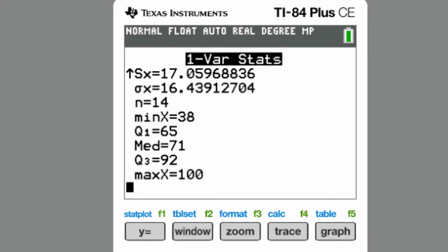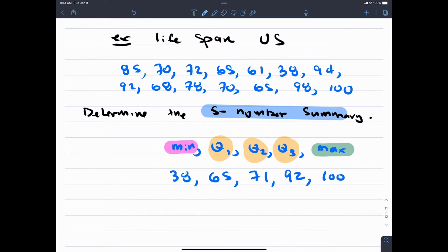That's the median value? Ladies and gentlemen, you guys know the median value is also the second quartile? So the second quartile is what? 71. And then what do you guys see? The third quartile is what? 92. And then the max is what? 100.